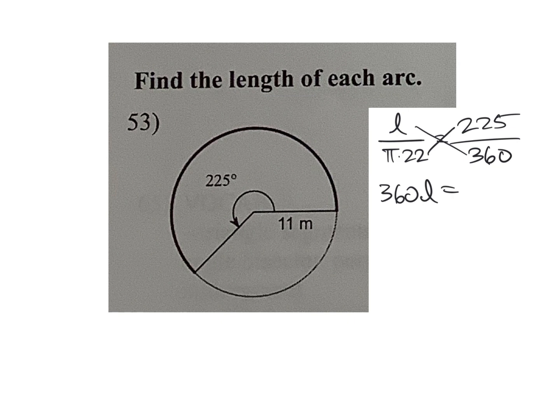And so you're going to take 225 times 22, and that gives us 4,950 pi.